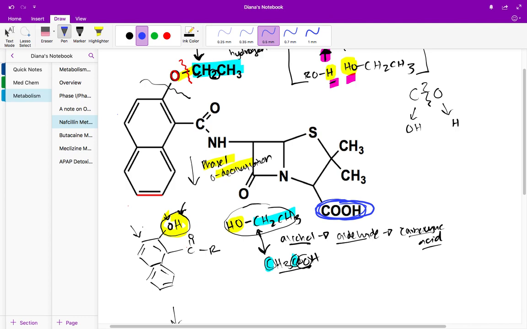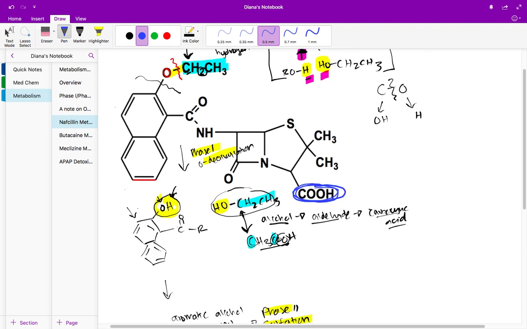So here I see a COOH in naphthalene, and that means that this can undergo glycine conjugation. What that means is basically that your COOH group is going to turn into having this peptide bond with glycine. And we know that glycine is an amino acid.